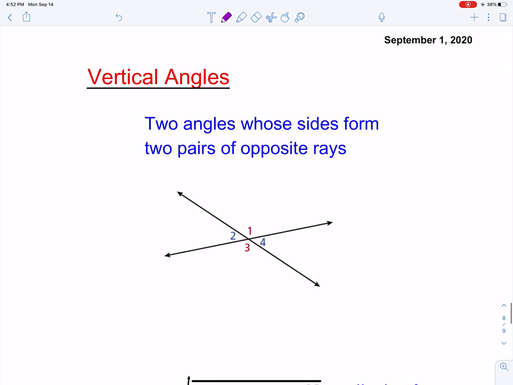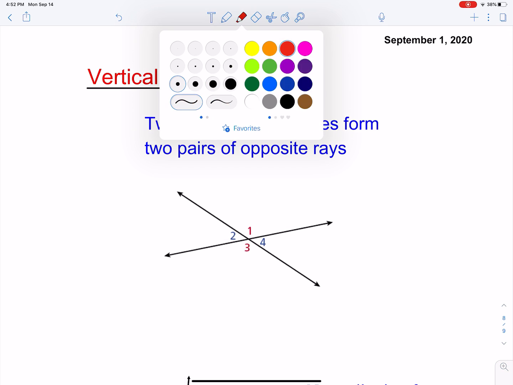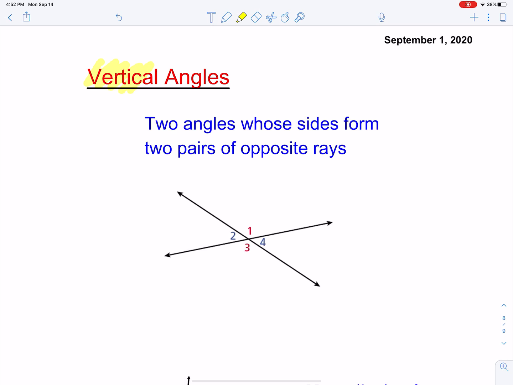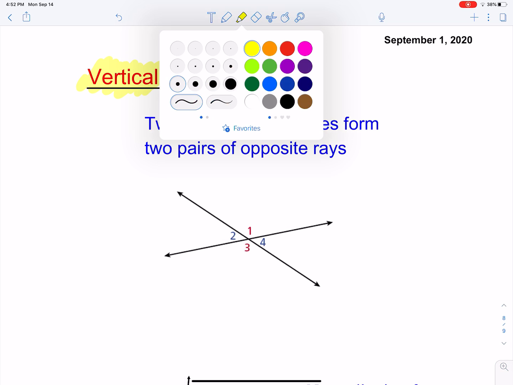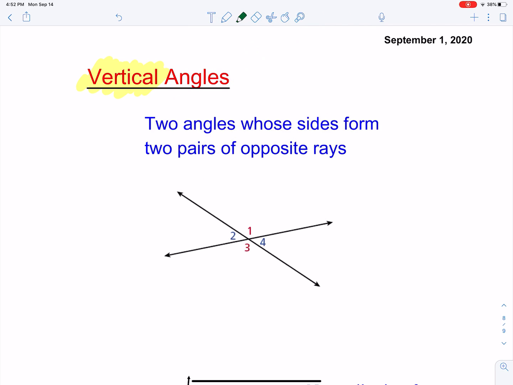Great. Now, okay, this is the last vocabulary word. I forgot about this. Vertical angles. Vertical angles are two angles whose sides form two pairs of opposite rays. So, for example, we have angle 1 and angle 3.